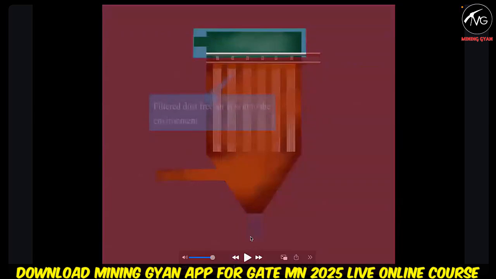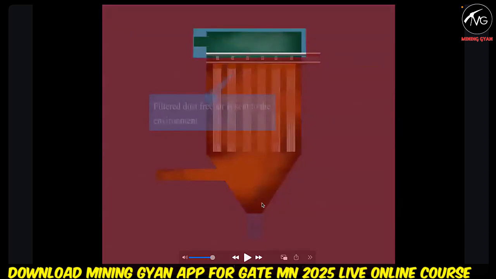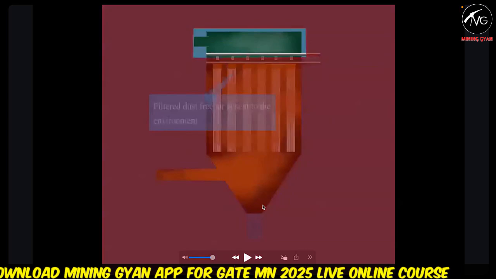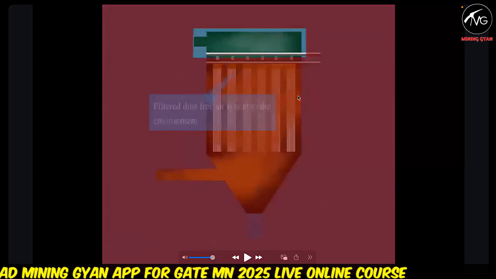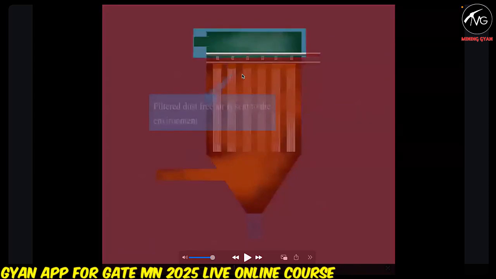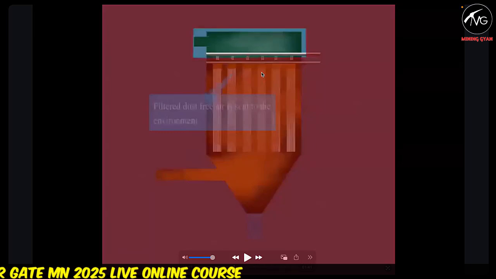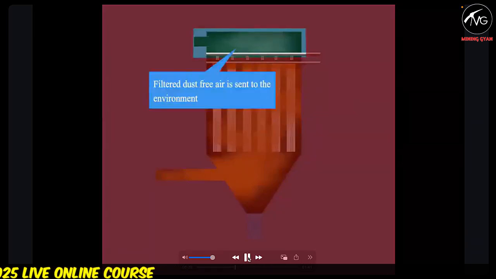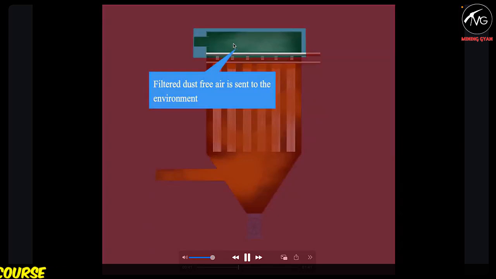You are using a fan at the bottom, which pushes the air up, and the dust particles get separated and filtered. The dust-free air goes on the top, and from there you can release that air into the environment.